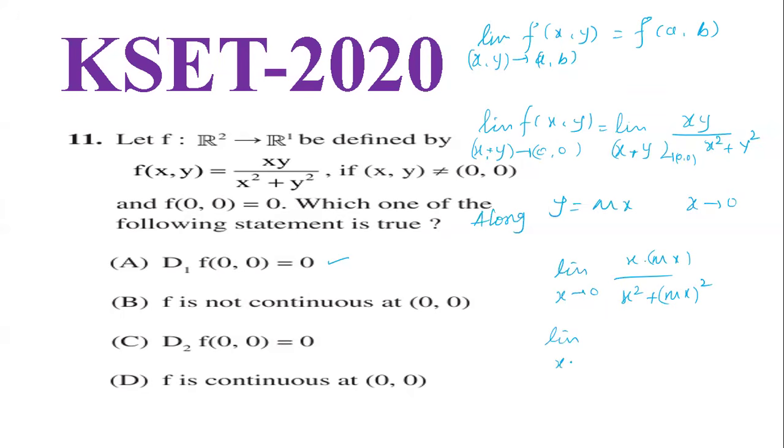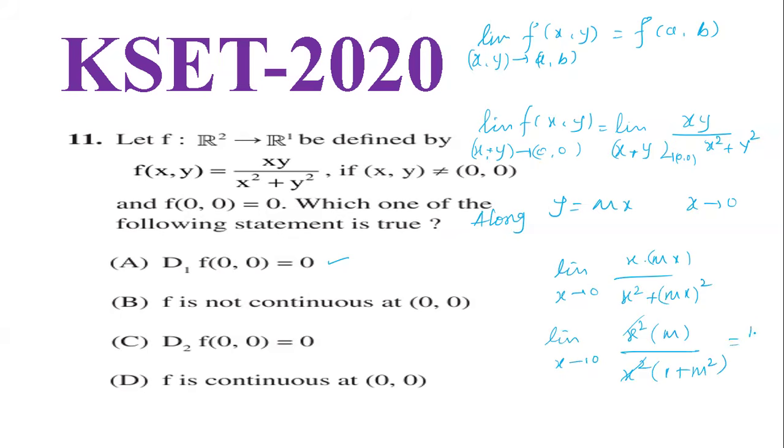Limit x tends to 0 of x square into m divided by x square into 1 plus m square. This gets cancelled.